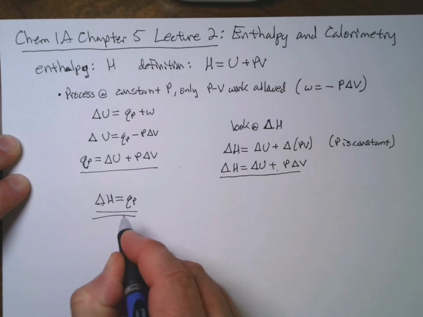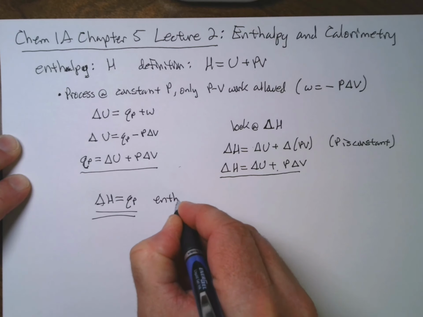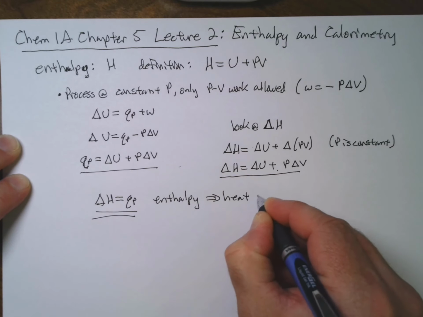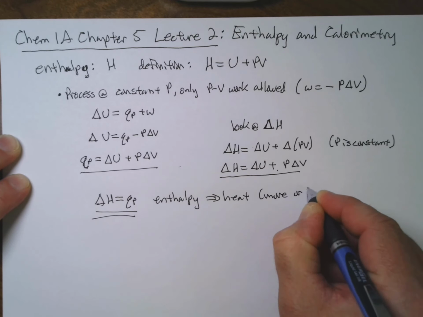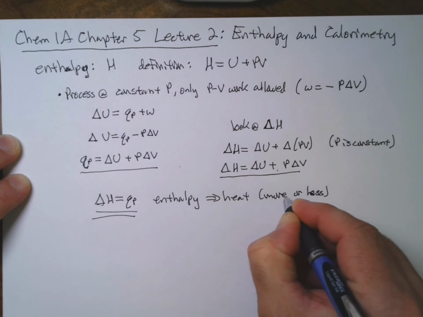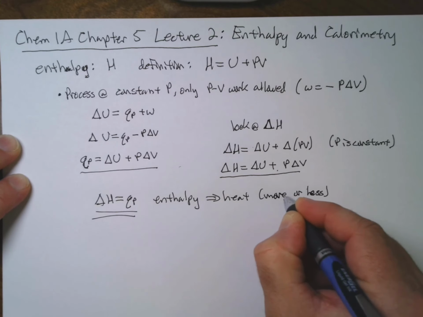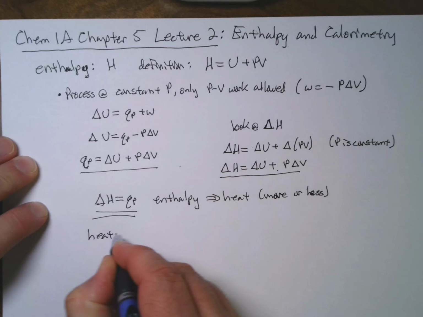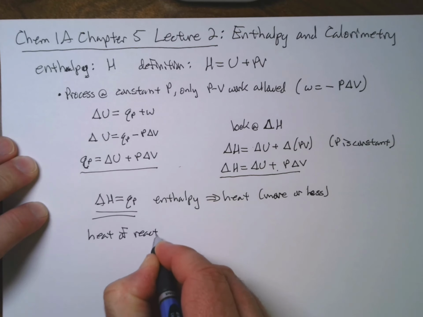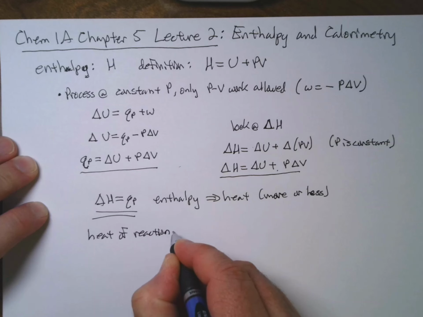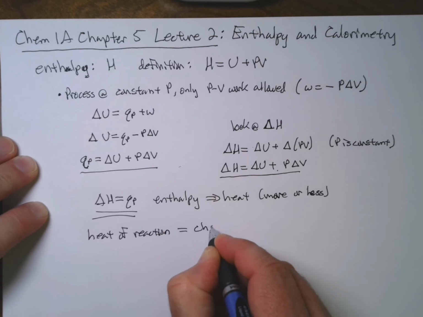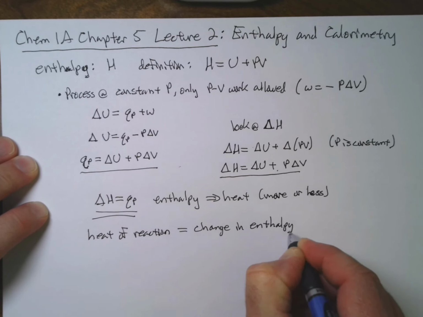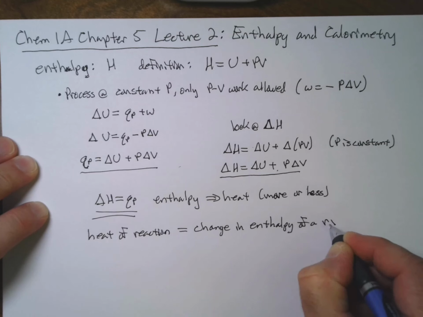So you can think of enthalpy as heat, more or less. It's energy in the form of heat. And we'll talk about something called heat of reaction, sometimes called enthalpy of reaction, which is the change in enthalpy of a reaction.